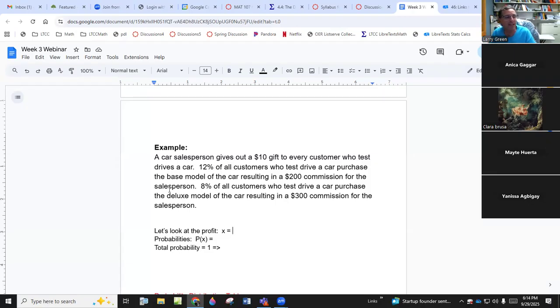One is they can end up purchasing the base model. How do we find the profit if the person purchased the base model? What is the profit? Kind of reading the question. What's your thought? If you're the salesperson, how much money are you making?